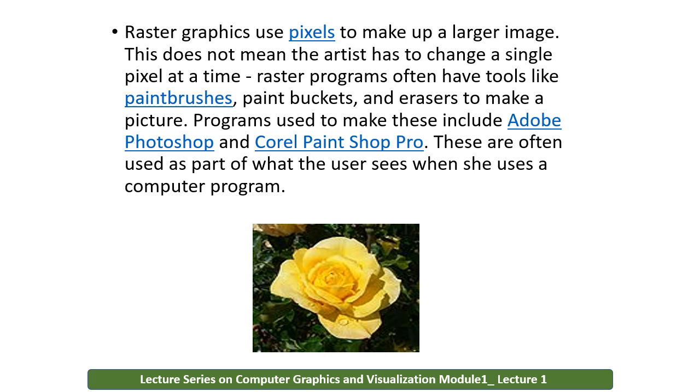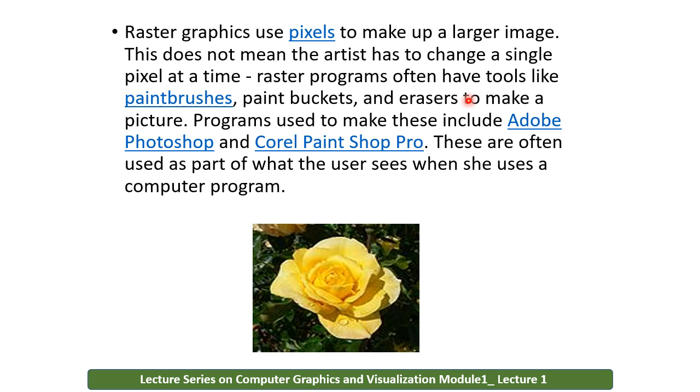Now another type of graphics is raster graphics. Instead of using lines and shapes, raster graphics use pixels, pixels to make up a larger image. This doesn't mean that the artist has to change a single pixel at a time, but raster programs often have tools like paint brushes.